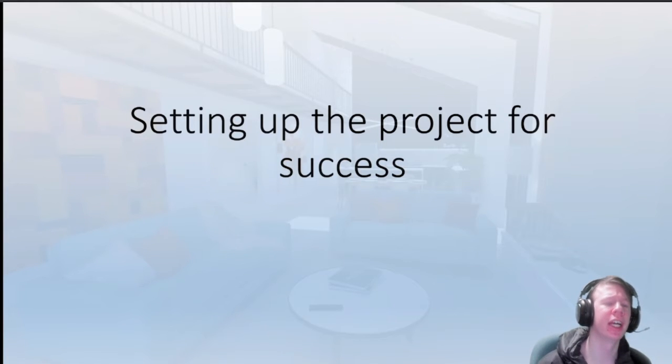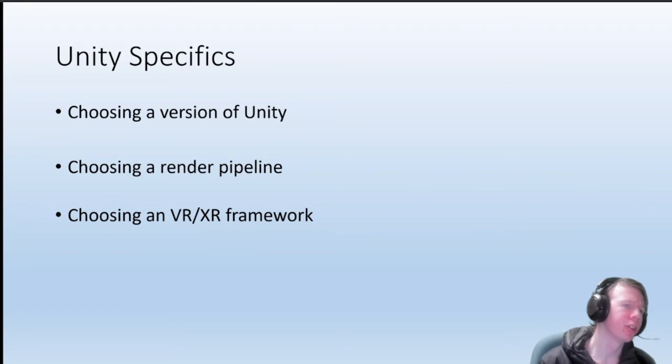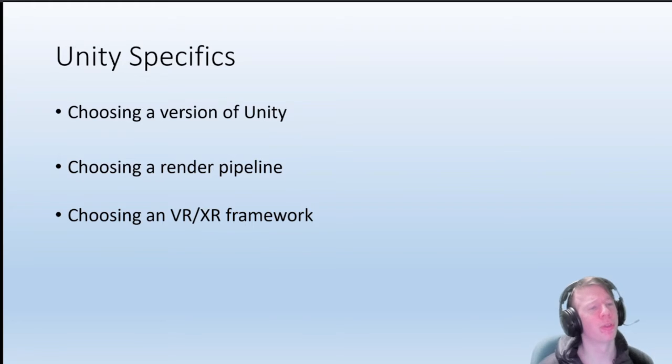So let's have a look at how we set up the Unity project. I'm going to talk about 3 things to start with, which are really big decisions that take a long time to change: choosing a version of Unity to use, and choosing a render pipeline.